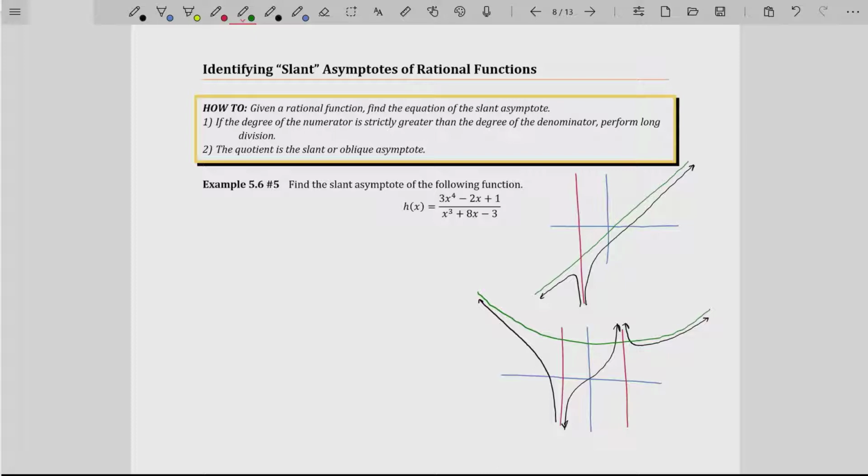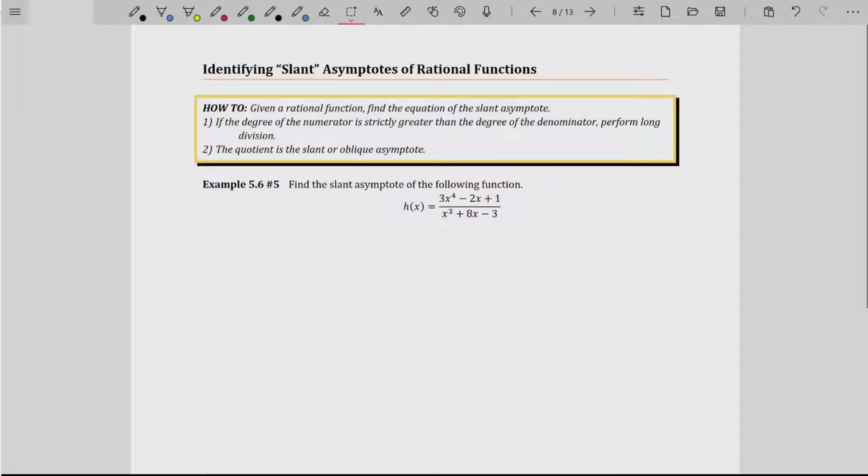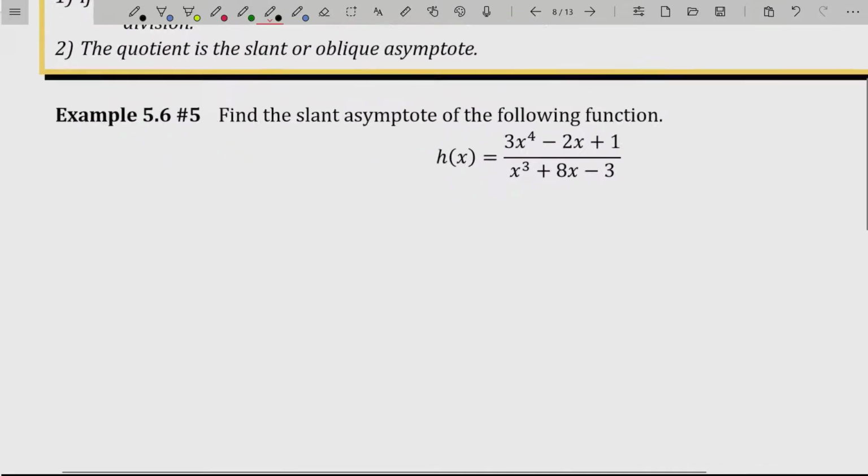But how do you find those? That's usually the big question. How do you find those oblique or slant asymptotes? And oblique or slant asymptotes to me mean the same thing. Actually, slant asymptotes are a little more restrictive because they're usually for lines. Oblique asymptotes could give you something like that parabola.